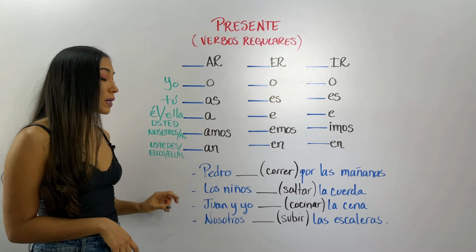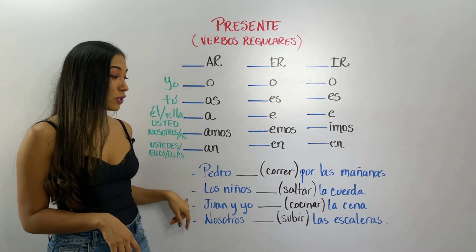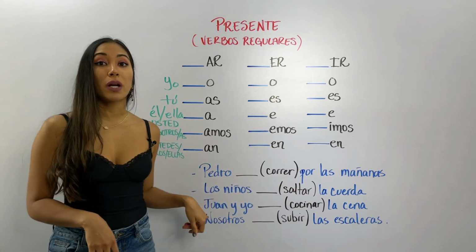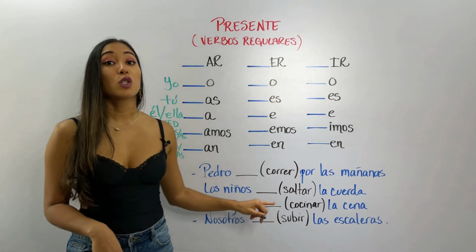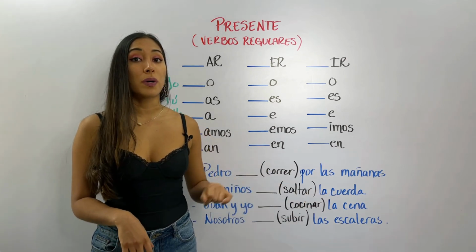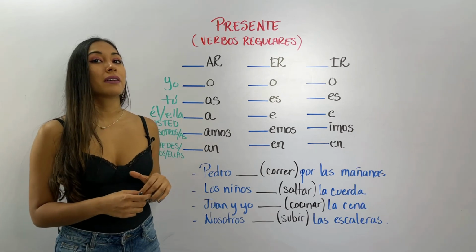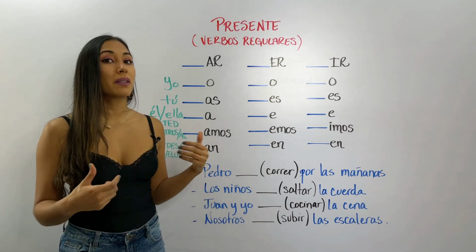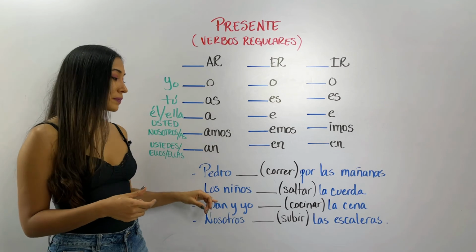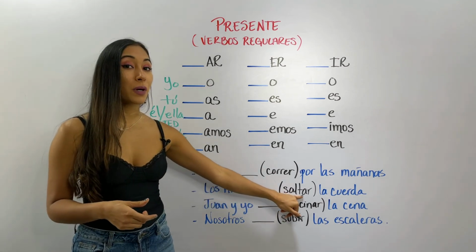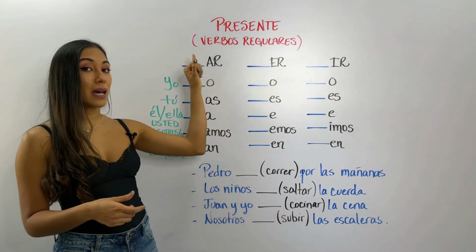Let's see the second one. Los niños saltar la cuerda. The kids to jump the rope. ¿Cómo digo? How do I say the kids jump the rope? Okay, saltar is what? An -ar verb.